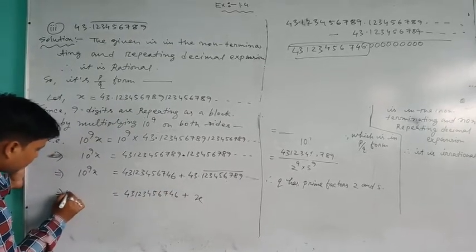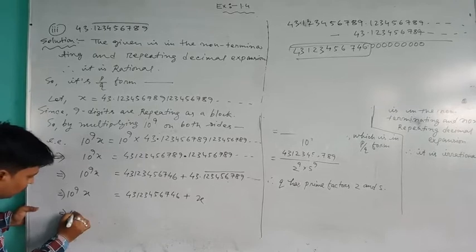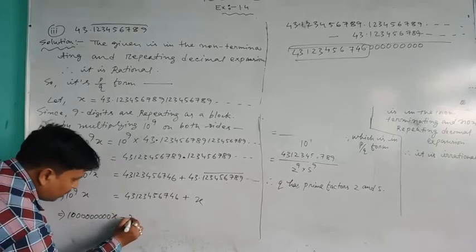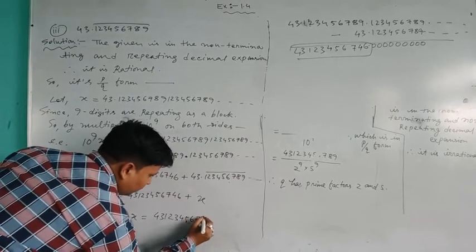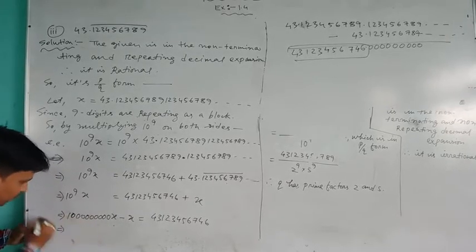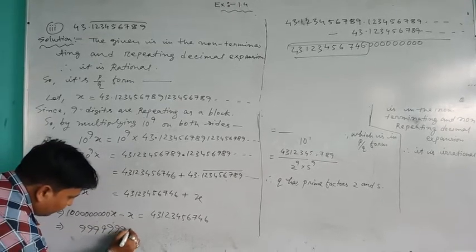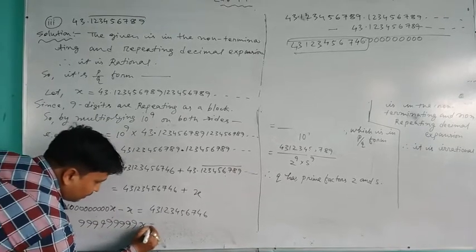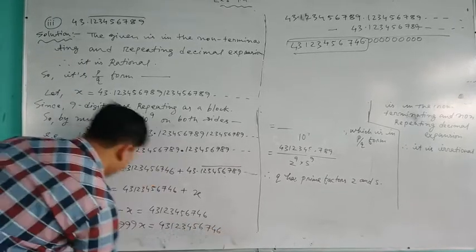Then it will be 10 to the power 9 x equals x plus 43123456746. Now shift x to the left side: 999999999 x, that is 10 to the power 9 x minus x, equals 43123456746.